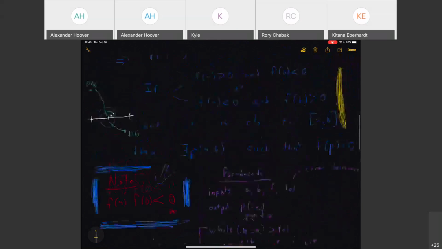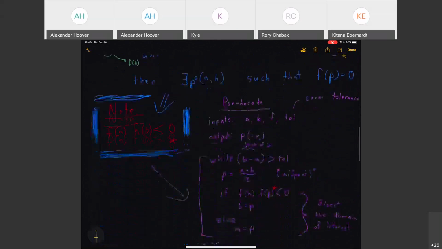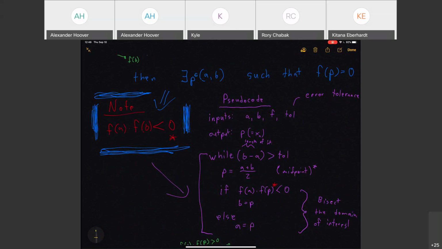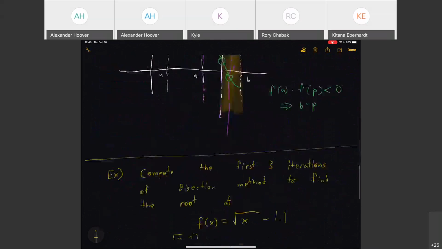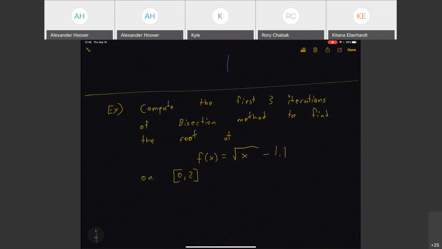We need that the product of f of a times f of b is negative, but we also need that f is continuous. We know that the square root is continuous for all non-negative values of x, so we're pretty good to go.